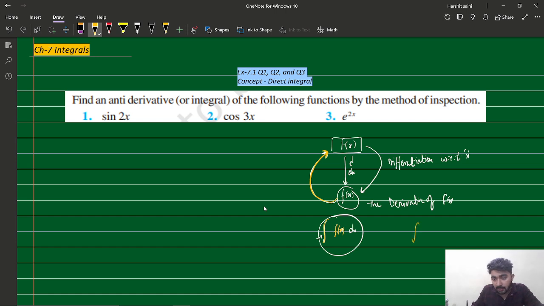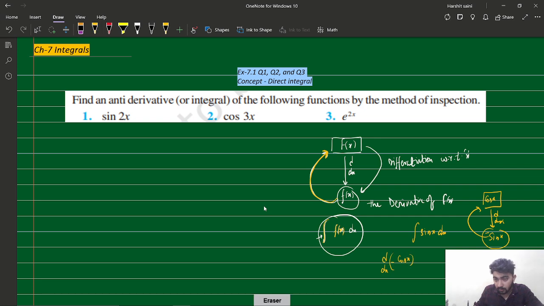Like if we are integrating sine of x dx, we write sine x here, and we ask by differentiating which function we are getting sine x. That's why we say it is the inverse process of differentiation. By differentiating cos x we are getting minus sin x, so we can write d by dx of minus cos x.